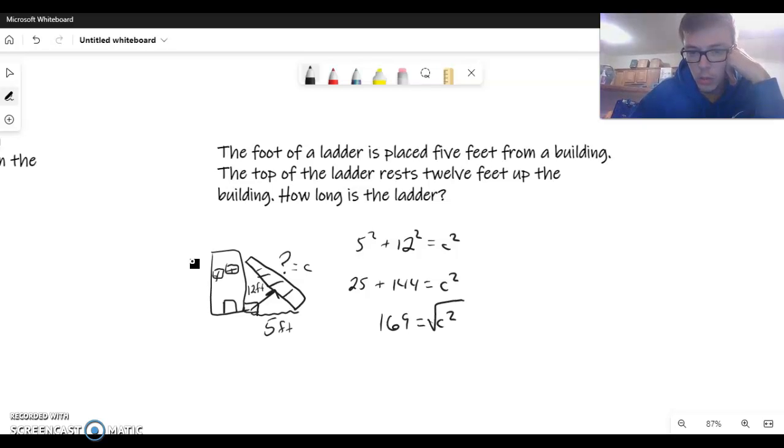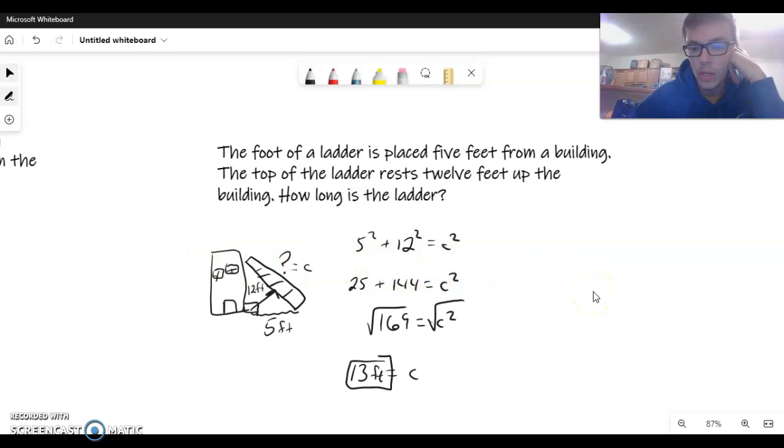Then you can take the square root of 169. We don't have to worry about the negative here, so c equals 13. If I remember correctly off the top of my head, I'll double check my calculator: square root of 169, yep, 13. Now you can't forget to label. If you don't label you're going to miss out on points as well. This is feet, so make sure you label that as feet. So the ladder is 13 feet long for that problem.